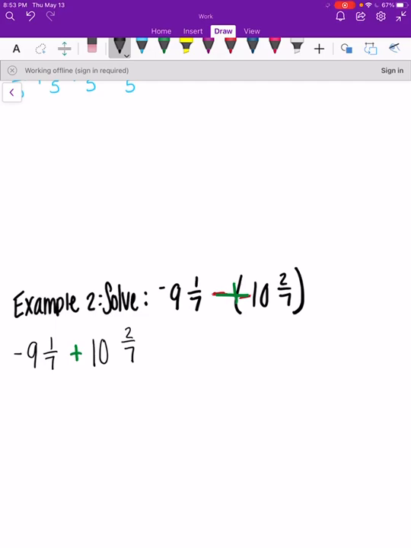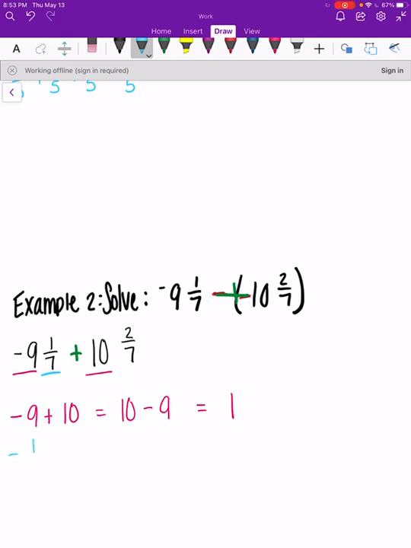And just like above, I'm going to add my whole numbers first. So negative 9 and 10. Negative 9 plus 10. You can also think of this as 10 minus 9, which equals positive 1. And this is a negative 1/7 because it still takes that negative sign.